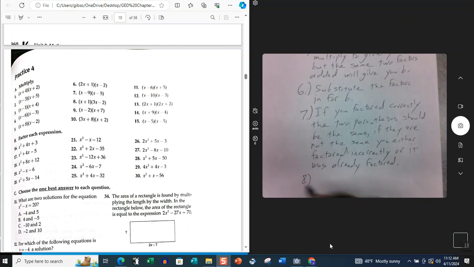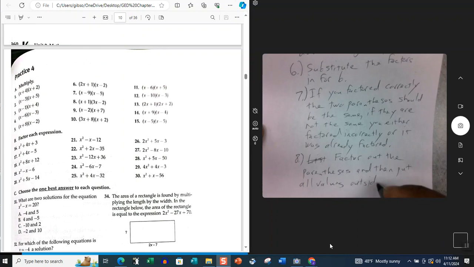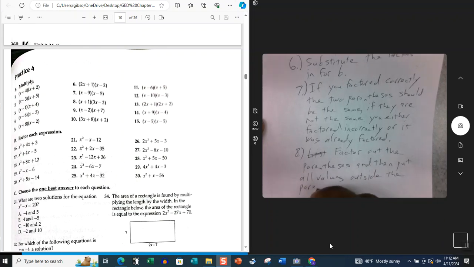And number 8, factor out the parenthesis and then put all values outside the parenthesis in a parenthesis. And that's it. You would be done after that.